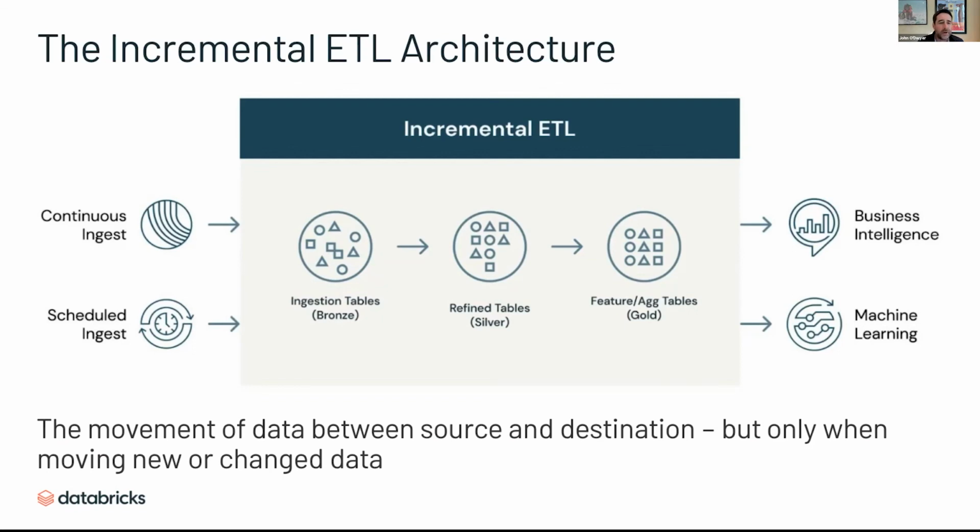All right, the incremental ETL architecture. It actually really starts with ingest, and essentially what we're trying to do is only move data between source and destination, and multiple sources and destinations, but only moving the data that is either new or changed. This is an idea that really isn't very new.